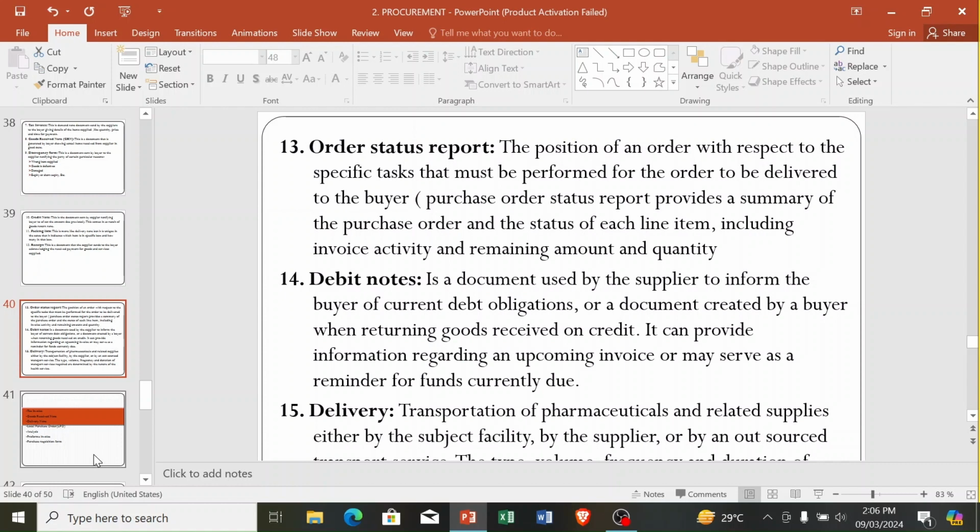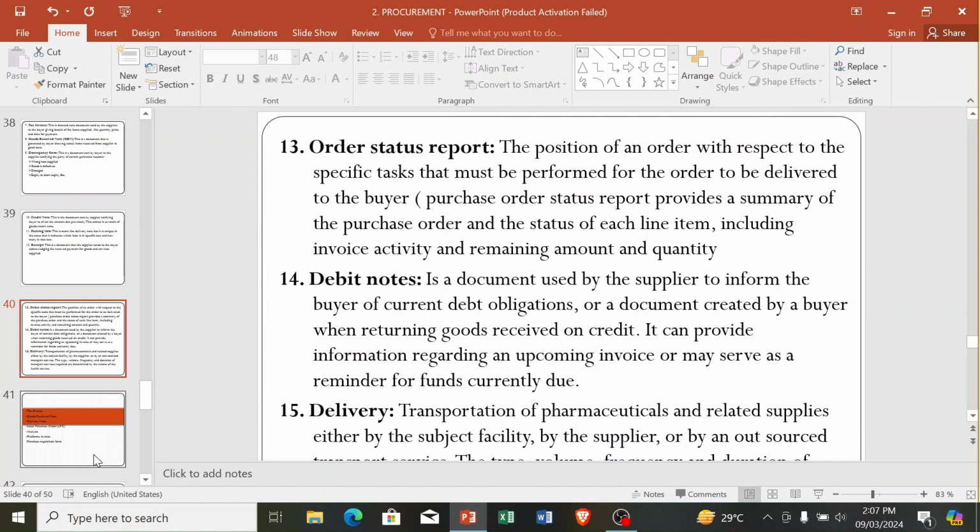Debit note is a document used by the supplier to inform the buyer of the current debt or debit obligations, or a document issued by a buyer when returning goods received on credit. It can provide information regarding an upcoming invoice or may serve as a reminder for funds currently due.